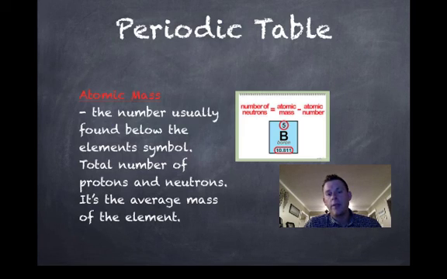So I'll go over this in class with you, but here the atomic mass is 10.811, so if we round that, it'd be 11, right? So the mass number is 11 minus the atomic number, which is 5 here. So what's 11 minus 5? 6, right? So 6 is the number of neutrons. So MAN, M is mass number, A is atomic number, and N is neutron, and that's how you find neutrons.